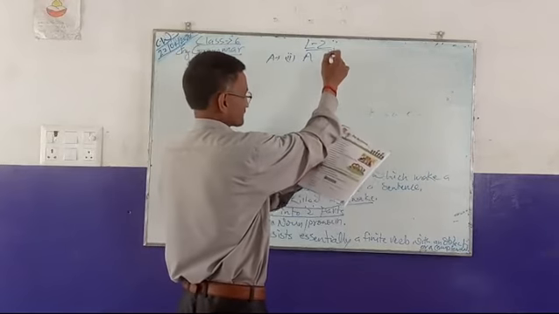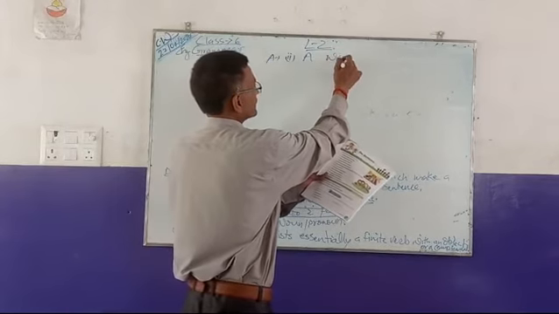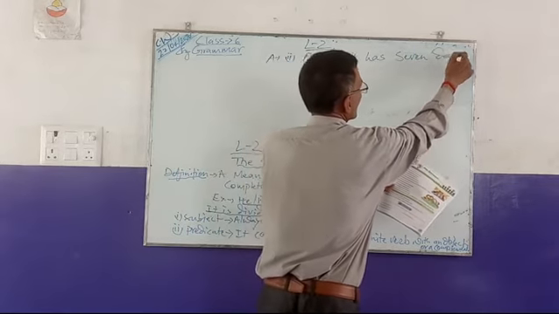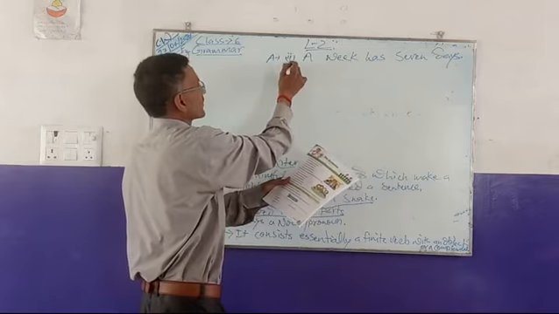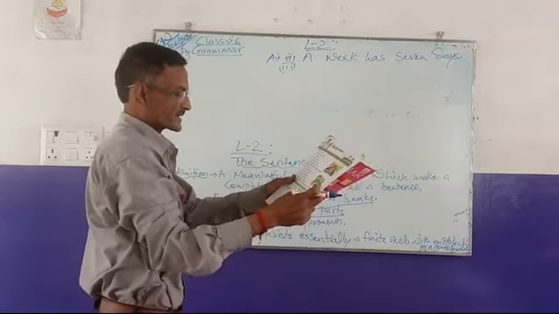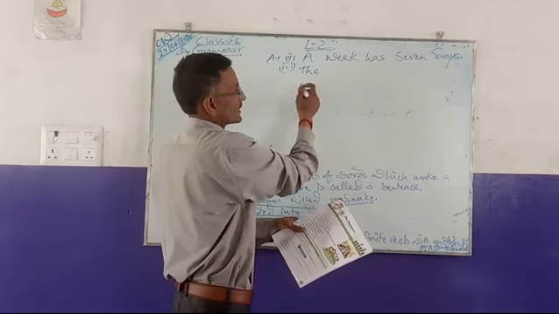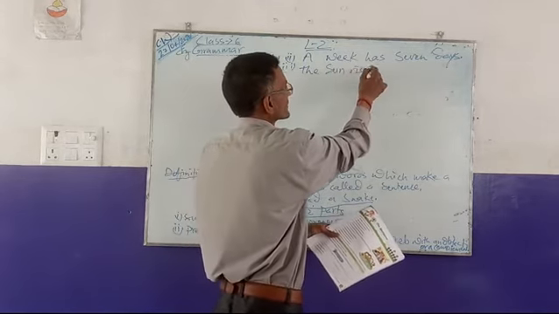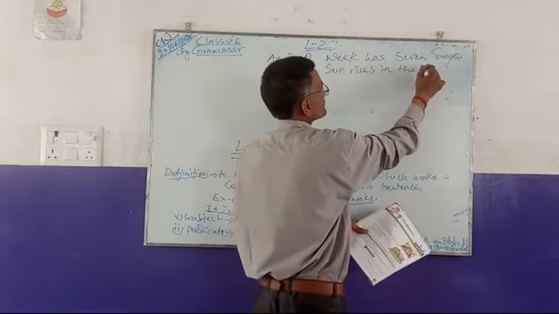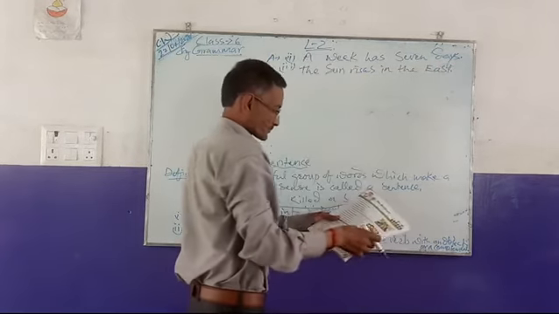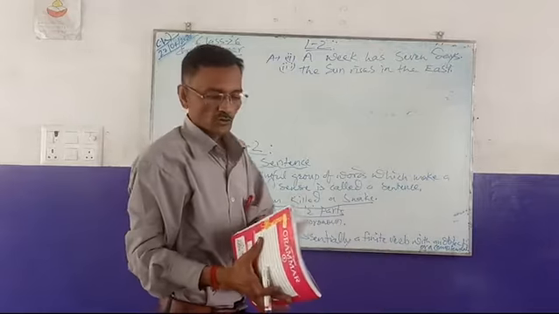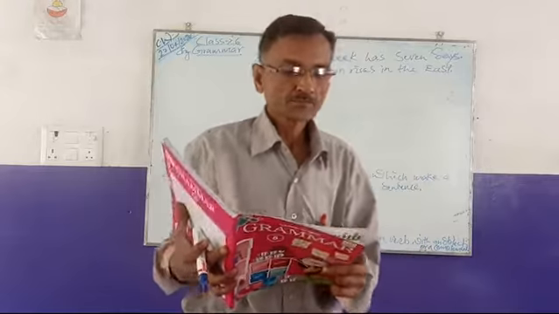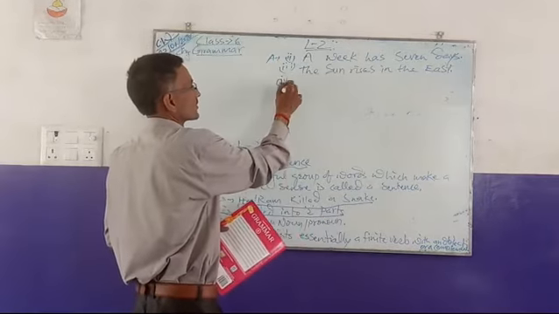A week has 7 days. Okay, third: the sun rises in the east. T will be capital. Like that, we have to finish this. The sun sets in the west.